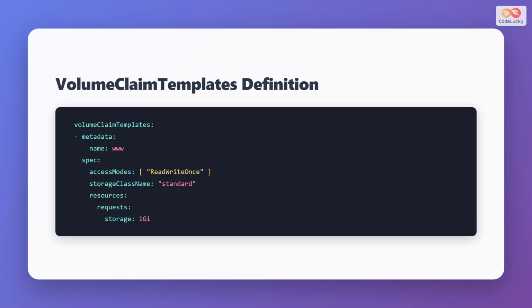The storage class name is set to standard, which tells Kubernetes which storage class to use for provisioning. Storage classes define the type of storage backend, such as SSD or HDD. Finally, under resources requests, we specify storage: 1 gigabyte, which is the amount of storage each pod will receive.